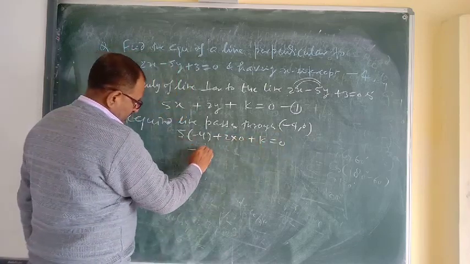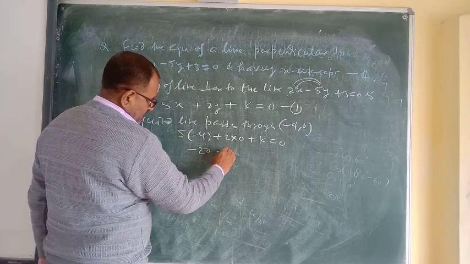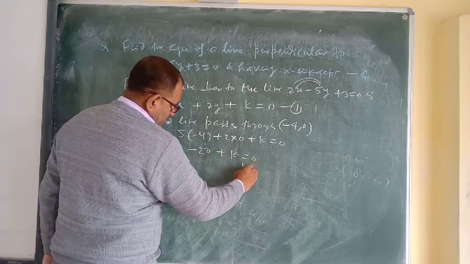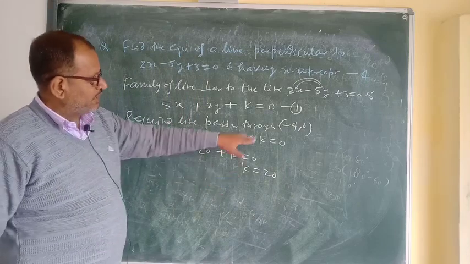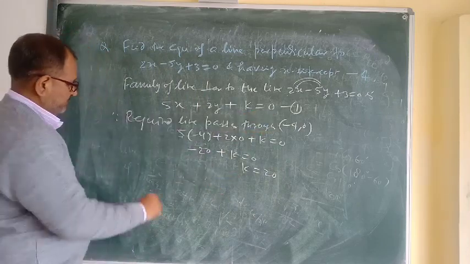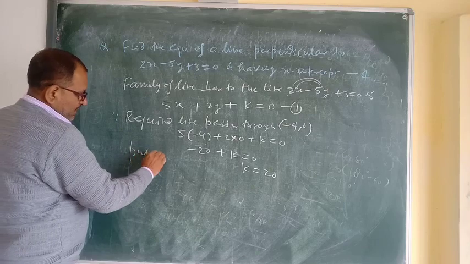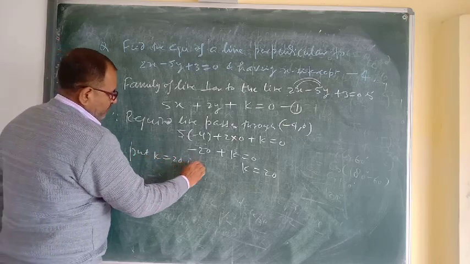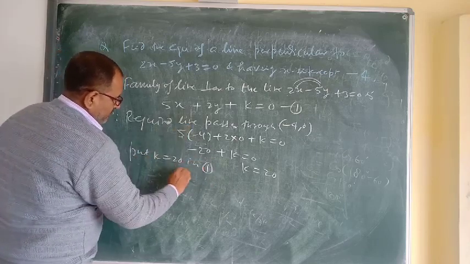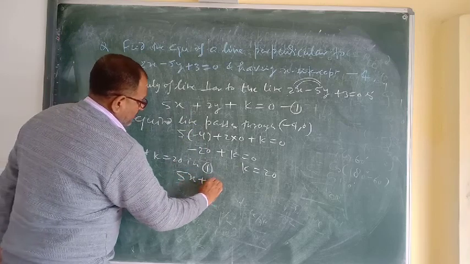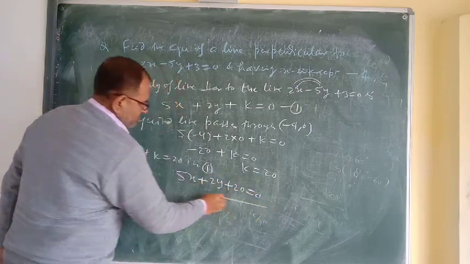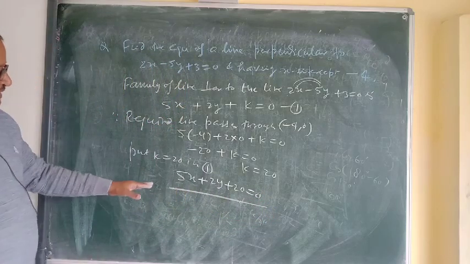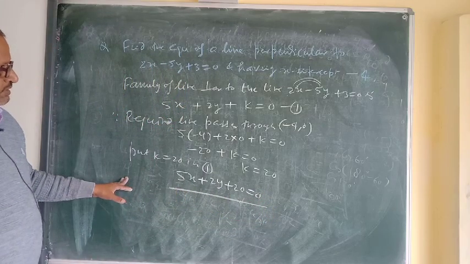So minus 20 plus k is equal to 0. Value of k is 20. Now we will put this value of k in equation number 1. So put k is equal to 20 in the first equation. So we will get the required equation 5x plus 2y plus 20 is equal to 0.